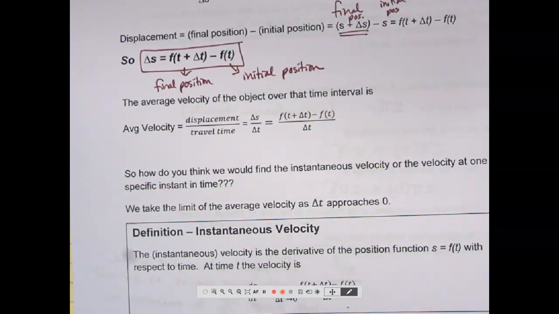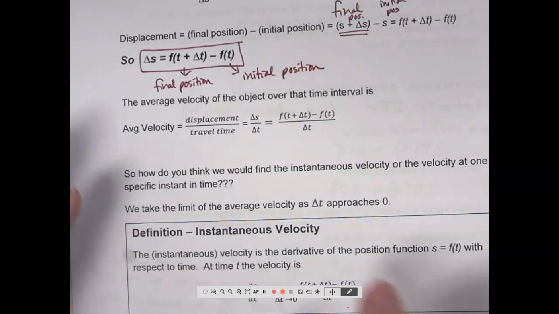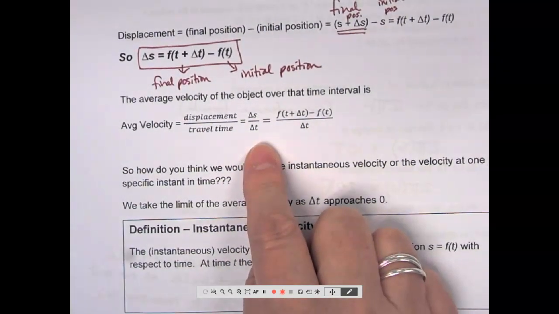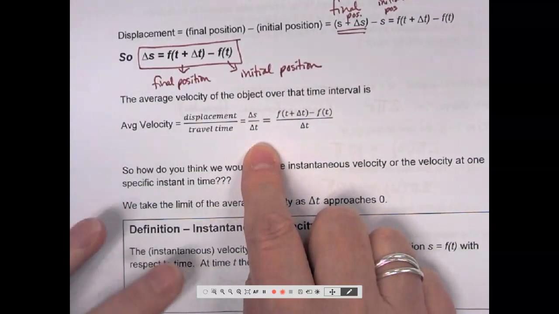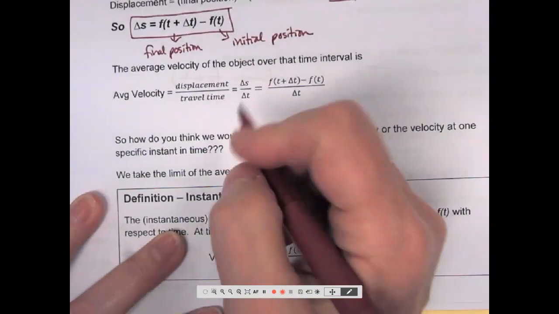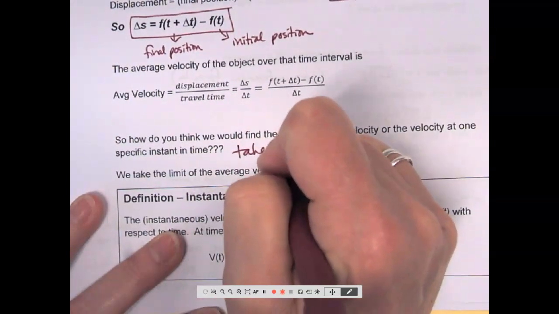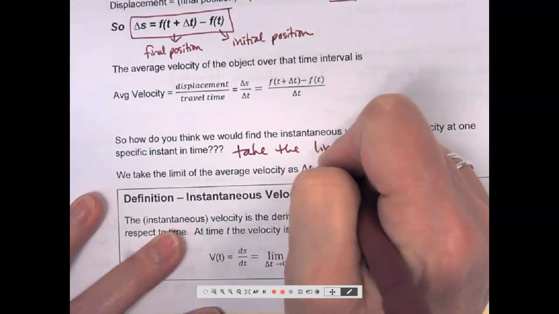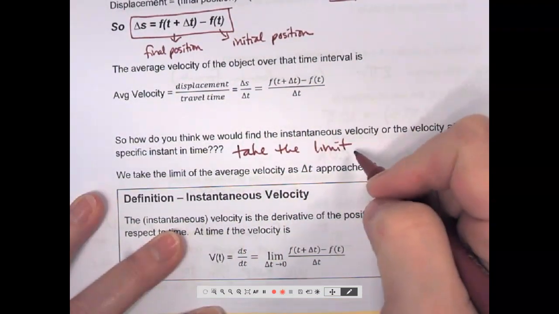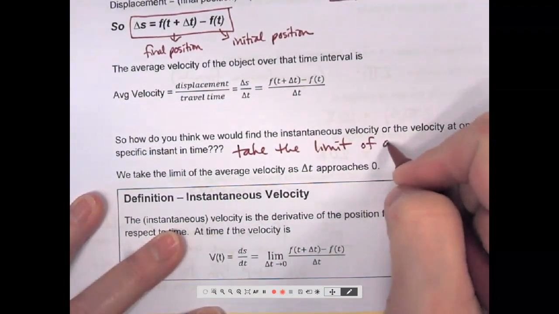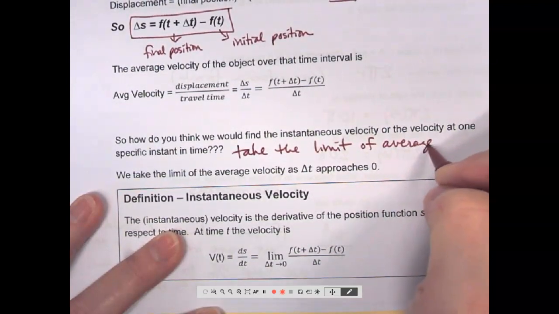And then we can figure out how fast we were going, how fast we were changing position at this particular time. Not from time 1 to 5, but from time 1 to 1.00001. So that would give us an instantaneous velocity. Okay, so we are going to take the limit, just like we did before, of average velocity.